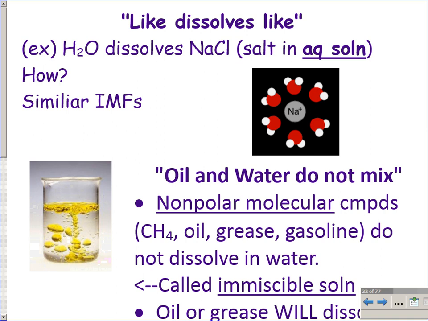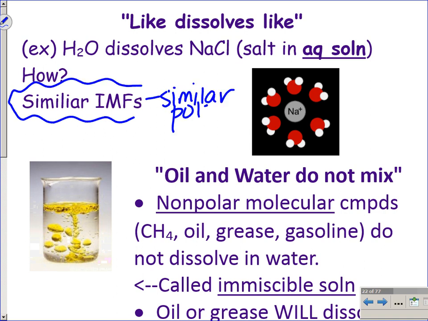So the idea behind "like dissolves like" is that they intermingle or interact well together because of their similar IMFs, which means they have similar polarities. So that's the meaning, or the reasoning, behind that phrase. We just know that they interact well because they are like magnets to each other.